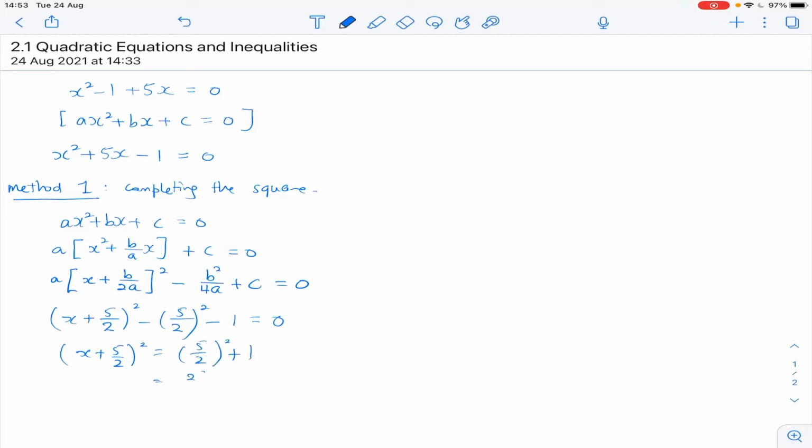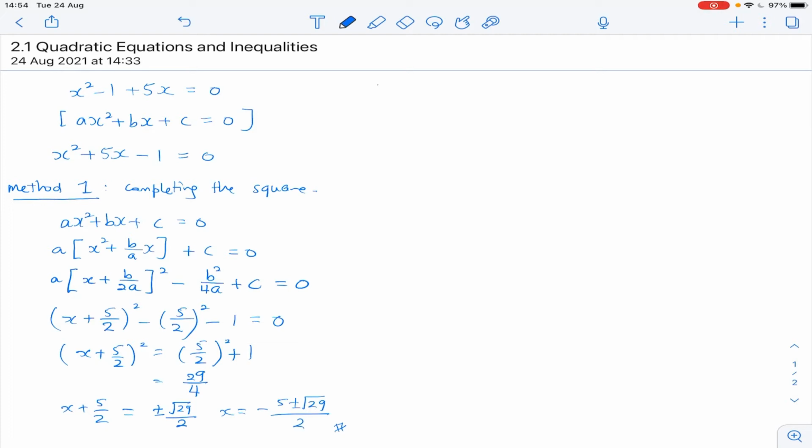So this would be 29 over 4. Then I square root both sides. I will be left with x plus 5 over 2 equals plus minus square root of 29 divided by 2. So x is therefore equal to negative 5 plus minus root 29, divided by 2.